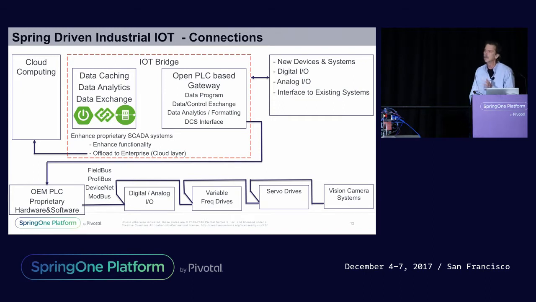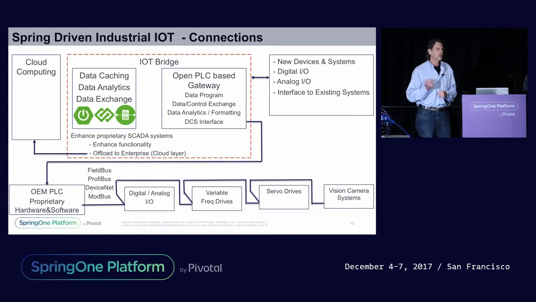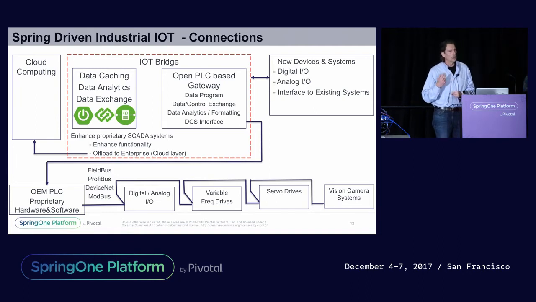The real key to this gateway solution is the Spring Integration and the communicating from the IoT bridge down to our edge devices. Now, we're using a PLC that is built on an open PLC. It's an open source PLC called Codidus.